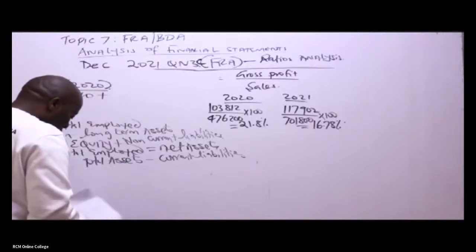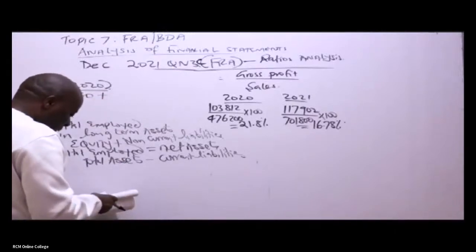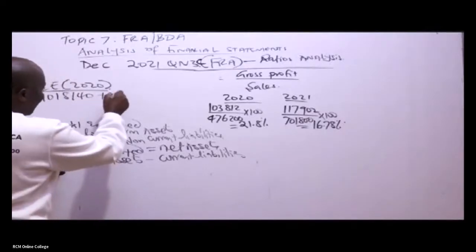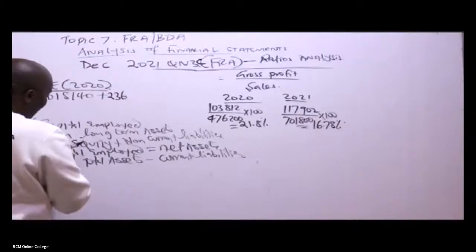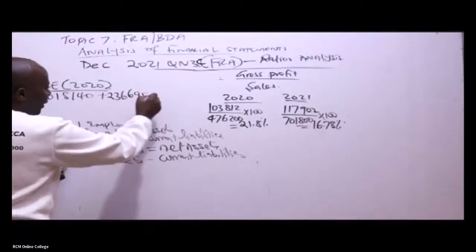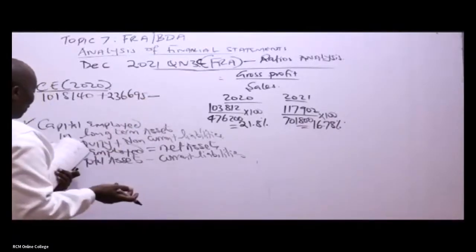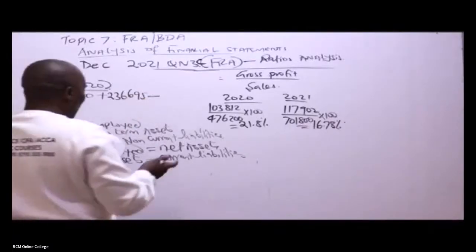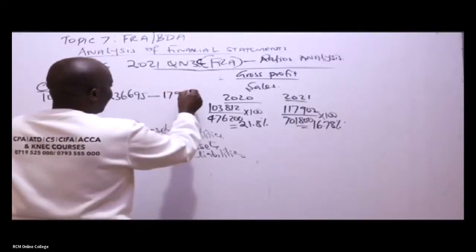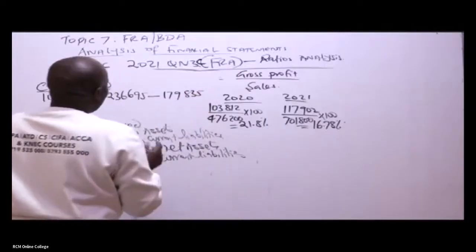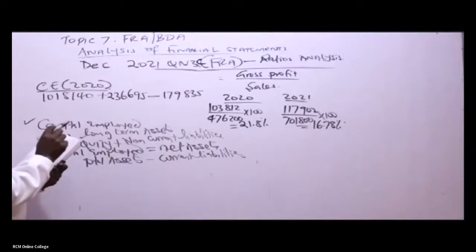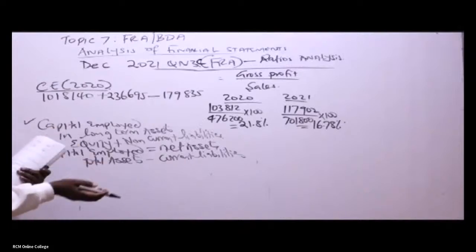Plus, we have other assets called current assets, and the current assets for 2020 come to 236,695. So these are total assets. We take away the current liabilities, which are 179,835. That way you will have gotten your capital employed for 2020.